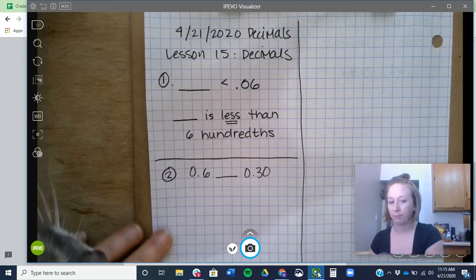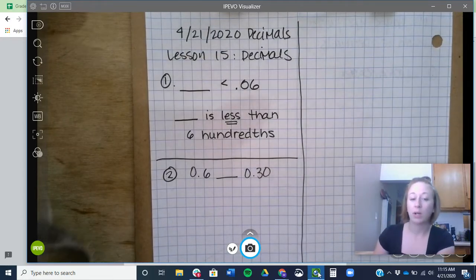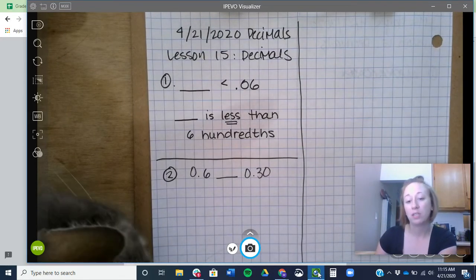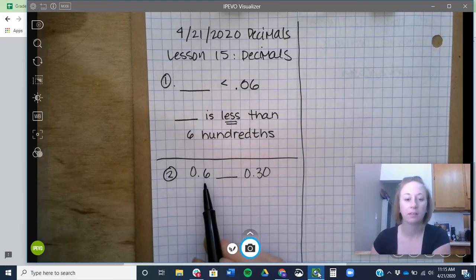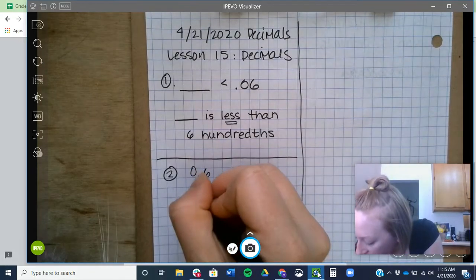Just like we did in the last question, let's write each of these values in words. The first value is 6 tenths. So again, write it in words.